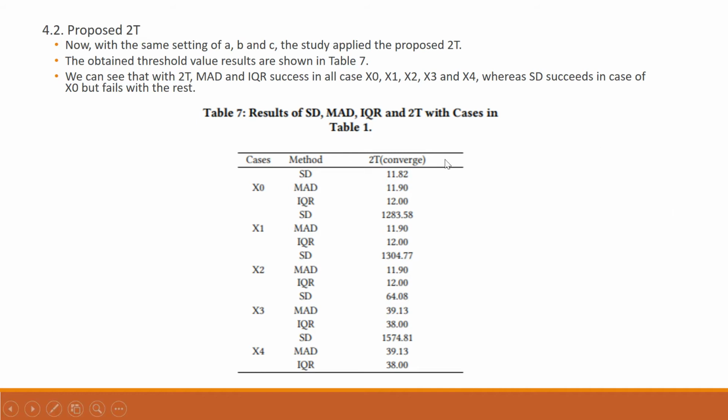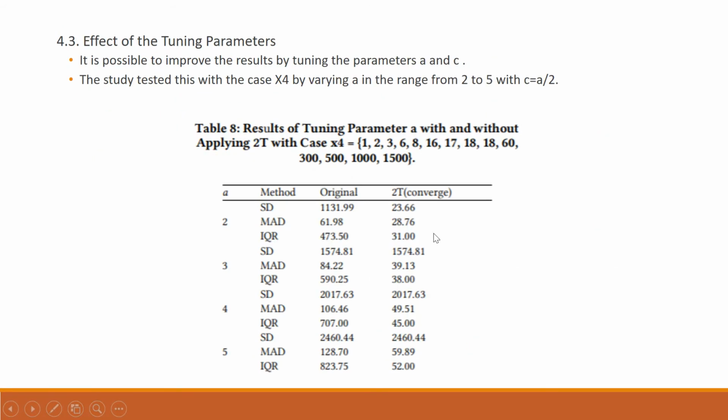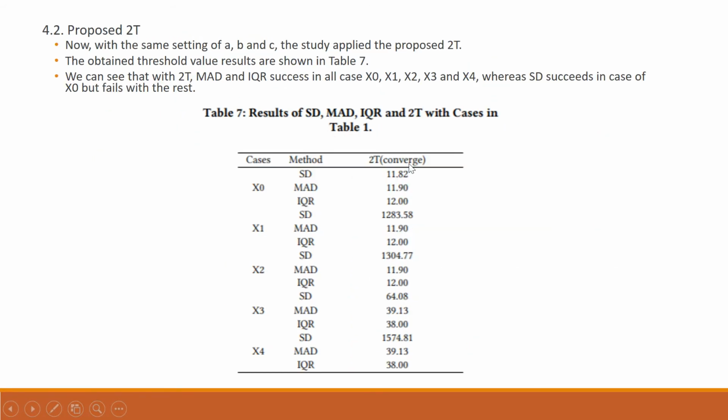So these thresholds calculated with the help of 2T are capable of detecting all the outliers in X1, X2, X3 and X4 using IQR and MAD methods.